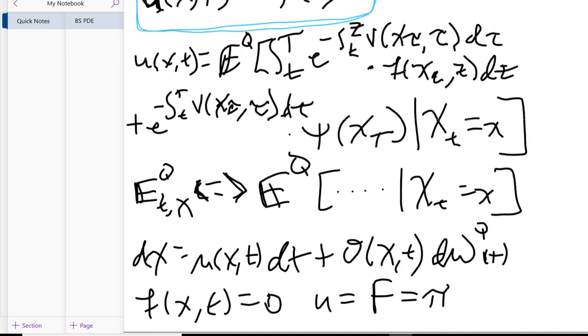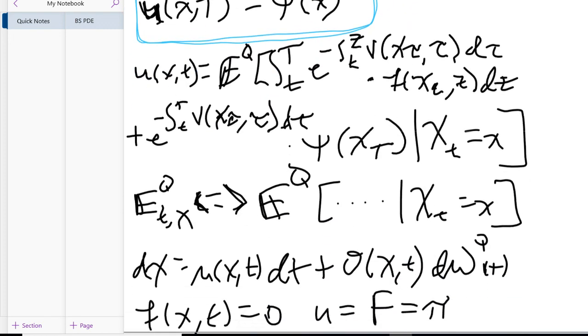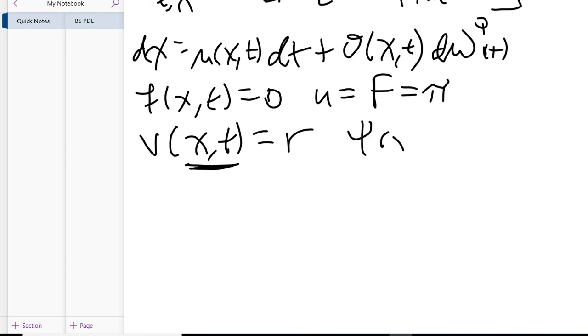For us, if you notice this v function here, that's going to be equal to the interest rate r. We're doing that as a constant, so the x_t drops, and for us the psi function is like our terminal condition, our payoff function.